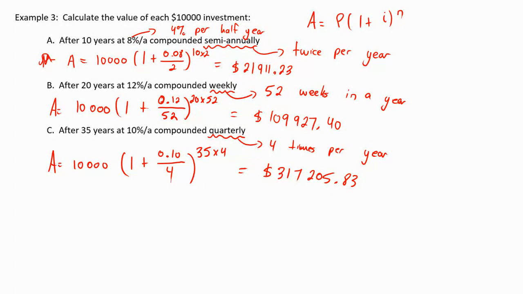The theory behind retirement planning is you're not investing big chunks like 10,000 at a time. Maybe right now some of you have jobs. Would it be unreasonable to say that you're investing $50 per month?